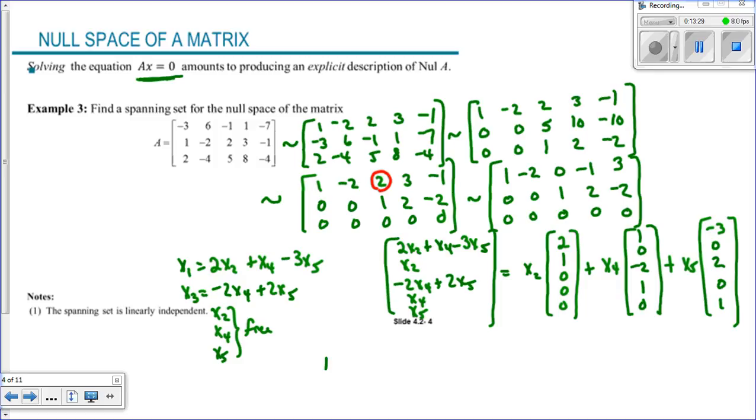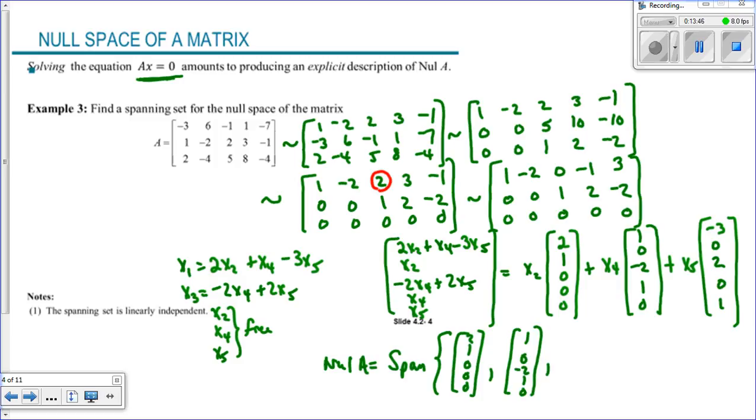Okay, so the null space is actually going to be the span of the vectors. So that's showing that the null space is that subspace generated by those three vectors.